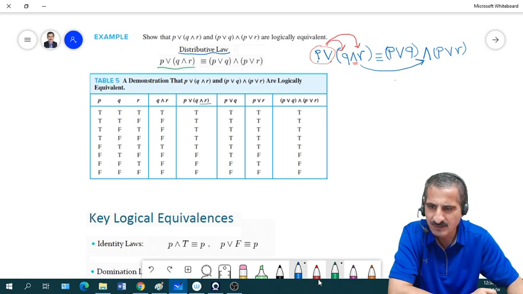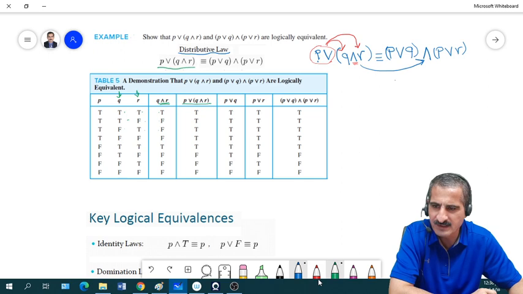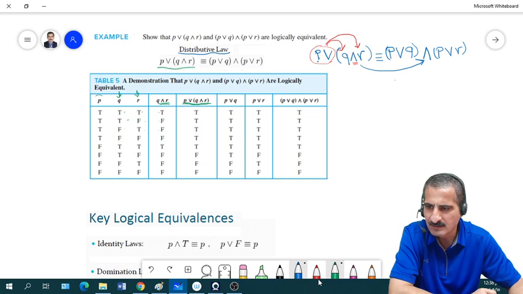To be able to find it, we must find Q and R. This is Q, this is R. So Q and R: true and true is true, true and false is false, false and true is false, false and false is false, and so on. Now to find this here, we must combine P with Q and R.